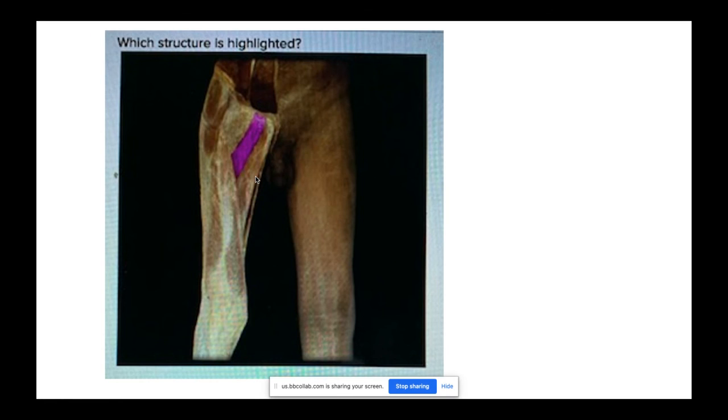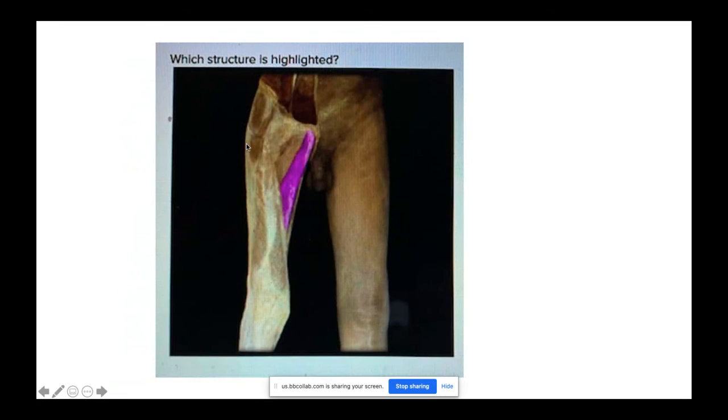So you have three adductor muscles: adductor longus, adductor magnus, and adductor brevis. This one is neither of those three. It's the one that's the most superior, and it's referred to as the pectineus. This one is the adductor longus. So this one here is the pectineus. This one is the adductor longus. Okay.